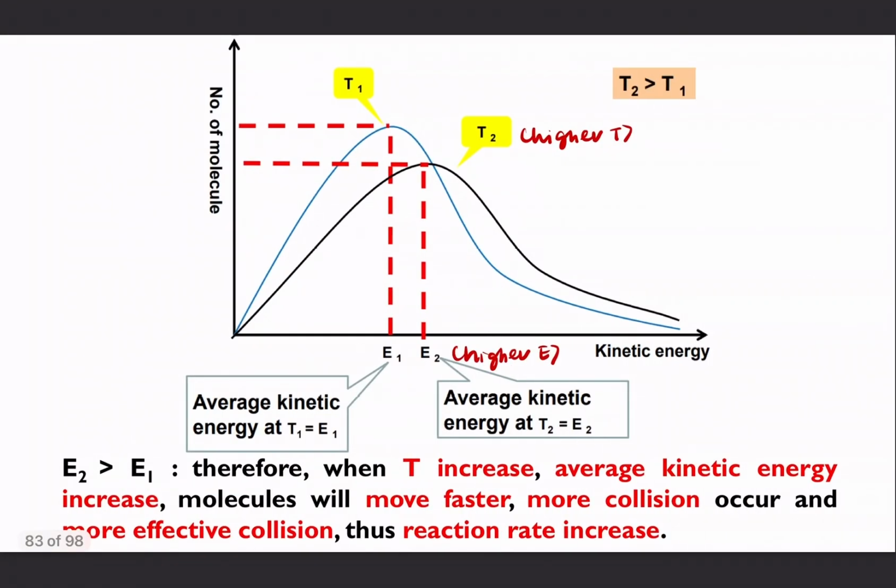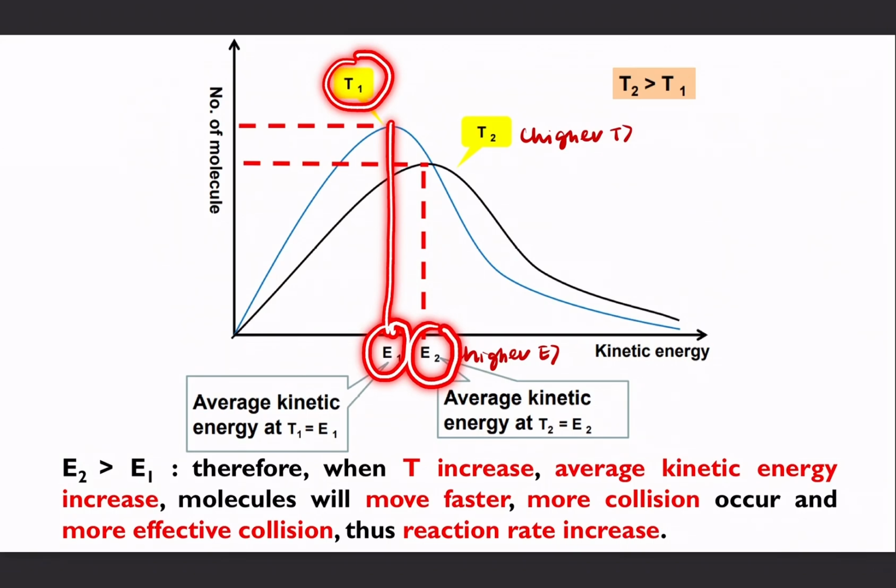Alright, so basically this is what I just showed you just now. Here, this is the temperature 1 with its average kinetic energy at T1. Most of the molecules will have this average kinetic energy at temperature 1, and this one is the average kinetic energy at temperature 2.